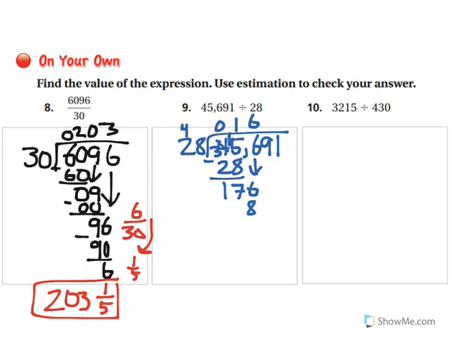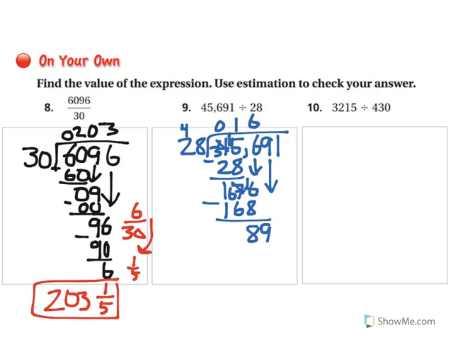Carry my 4. 6 times 2 is 12. 12 plus 4 is 16. That works. Going to subtract. And the 7 becomes a 6, and the 6 becomes 16. So 16 minus 8 is 8. I'm going to bring down my 9.